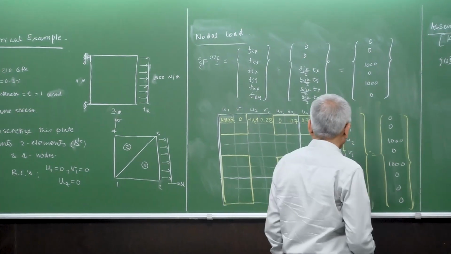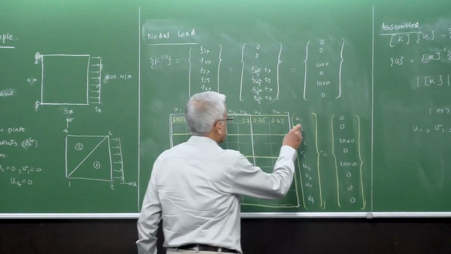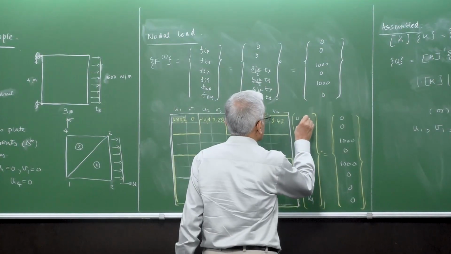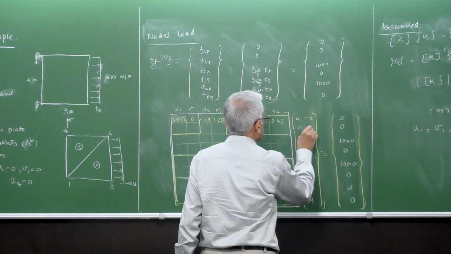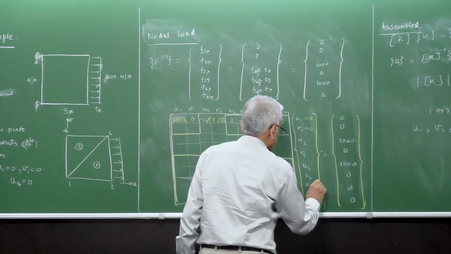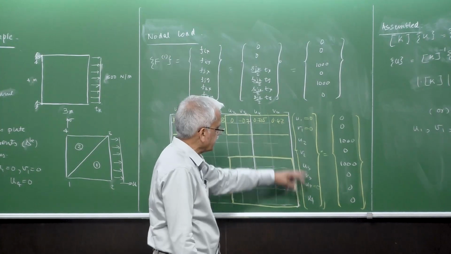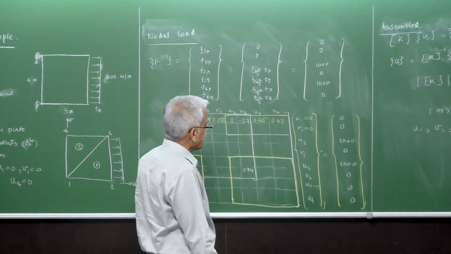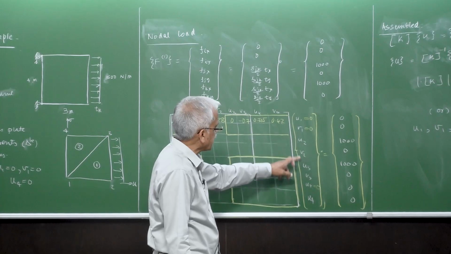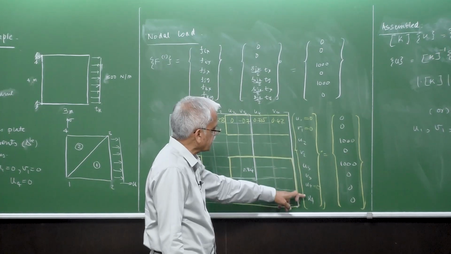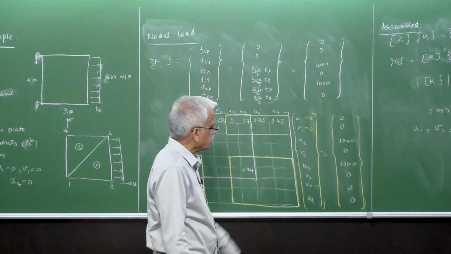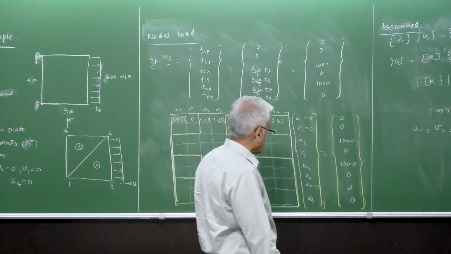So we have applied U1 is equal to 0, V1 is equal to 0, and U4 is equal to 0. These are the 3 values which will be assigned 0. Then we have to solve for the others, U2, V2, U3, V3, and V4. So 5 unknowns are there.